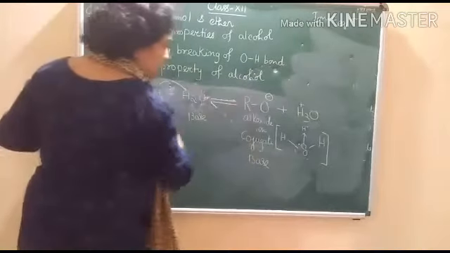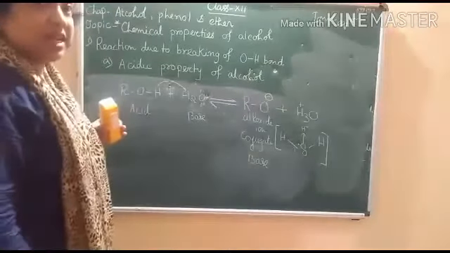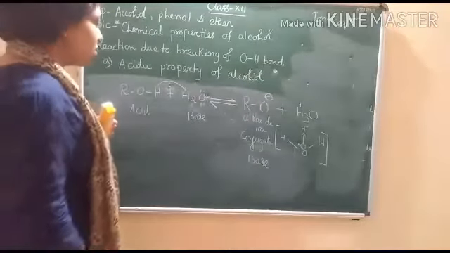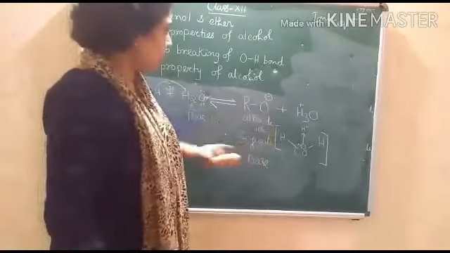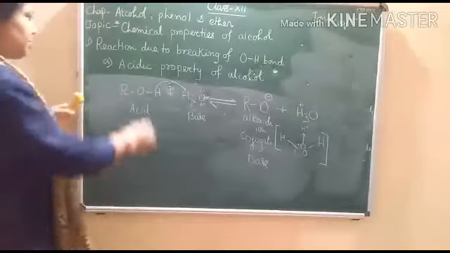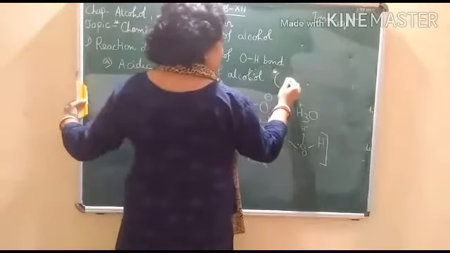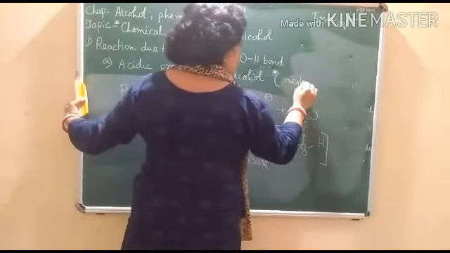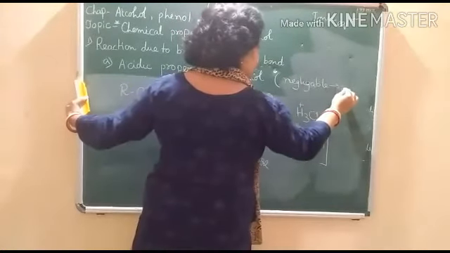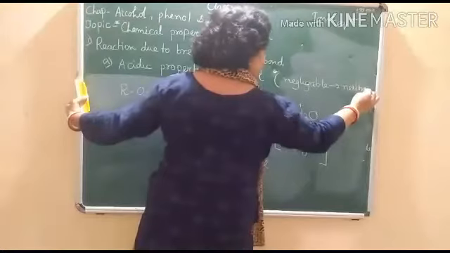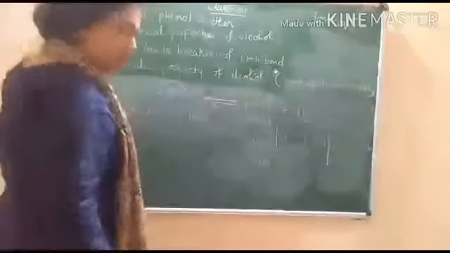This is the reason, and in your textbook it is written that it acts as Lewis base, which means it is conjugate base. So this is all about the concept of the acidic property of alcohol, which is negligible, and that's why it is called neutral in aqueous solution. Aqueous solution means when it is reacting with water.